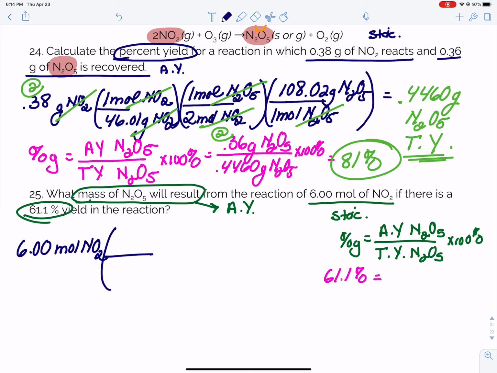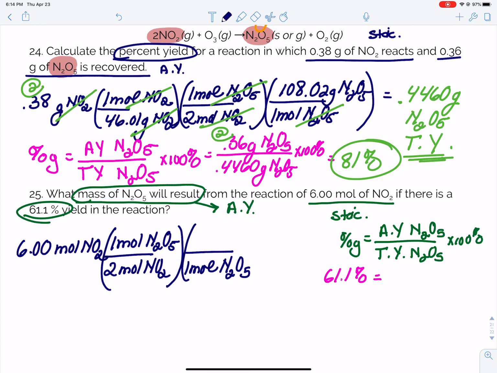I'm already starting with moles of NO2, so that's a whole step that I don't need to do. Just 1 mole of N2O5 will be made from 2 moles of NO2, and then the molar mass of dinitrogen pentoxide, and that's that same number again, 108.02.